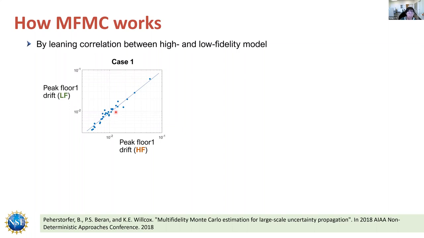This is the case where we have a good model, and statistically speaking, we can say that these two responses from high and low fidelity models have a very high correlation coefficient.